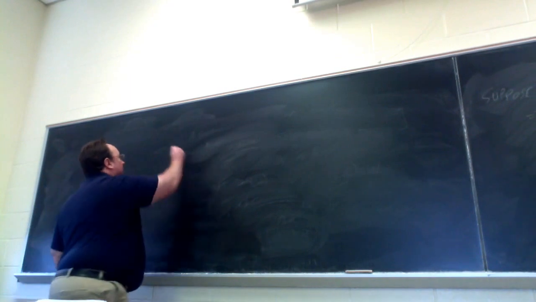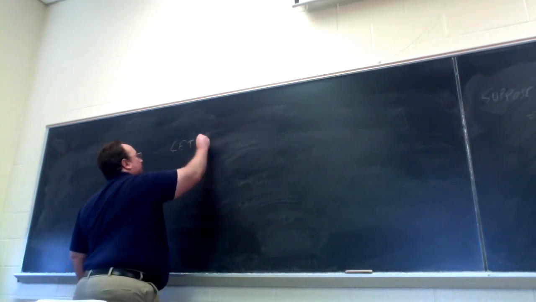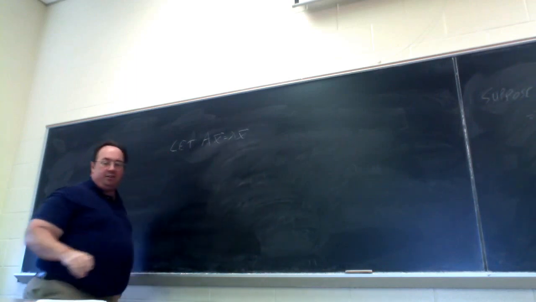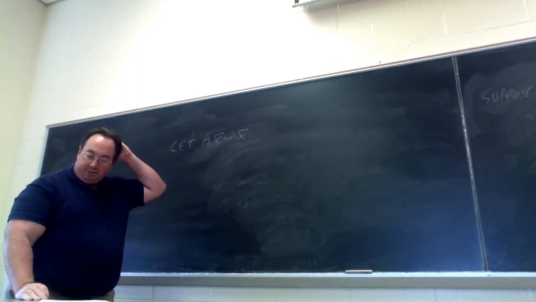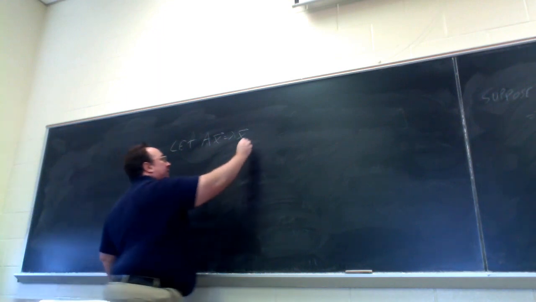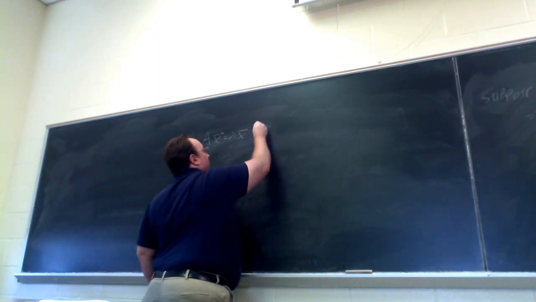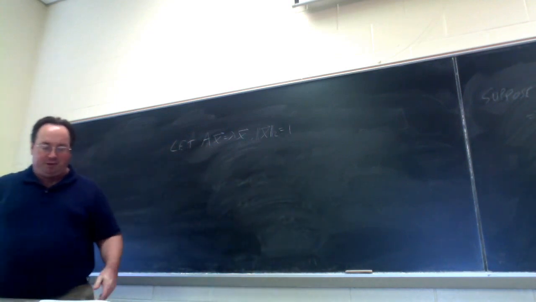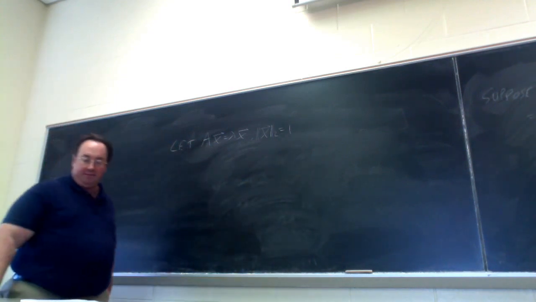So let's suppose that I have an eigenvalue and eigenvector. So eigenvector x, eigenvalue lambda. And let's also suppose that x is normalized, so it has a 2 norm of 1. And eigenvector must be non-zero, so we can definitely do that.